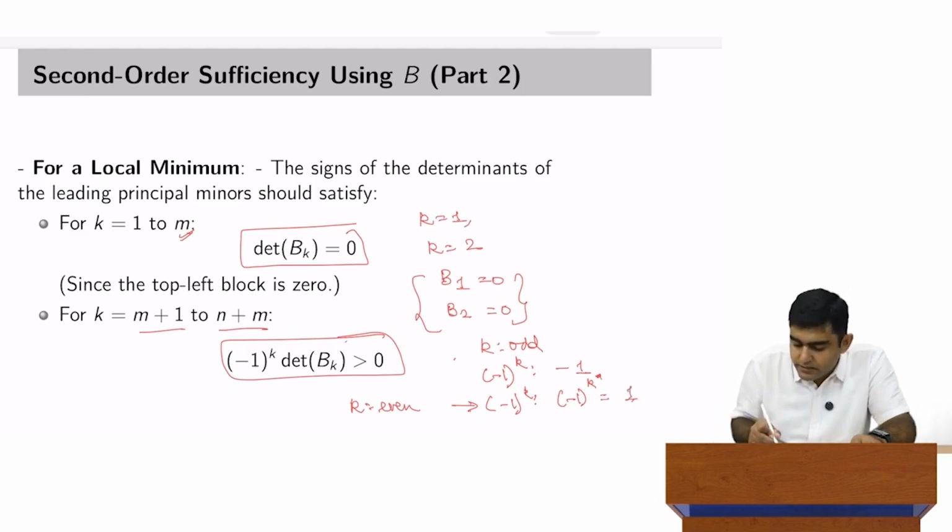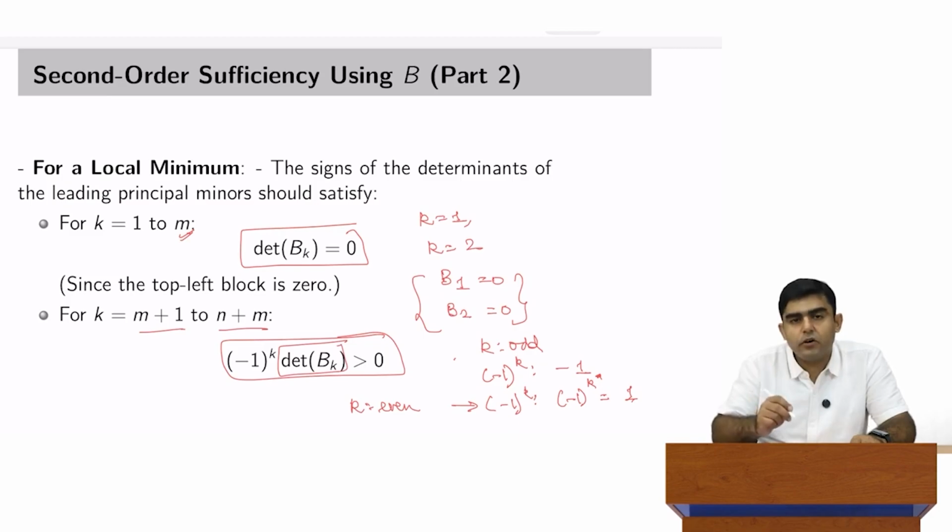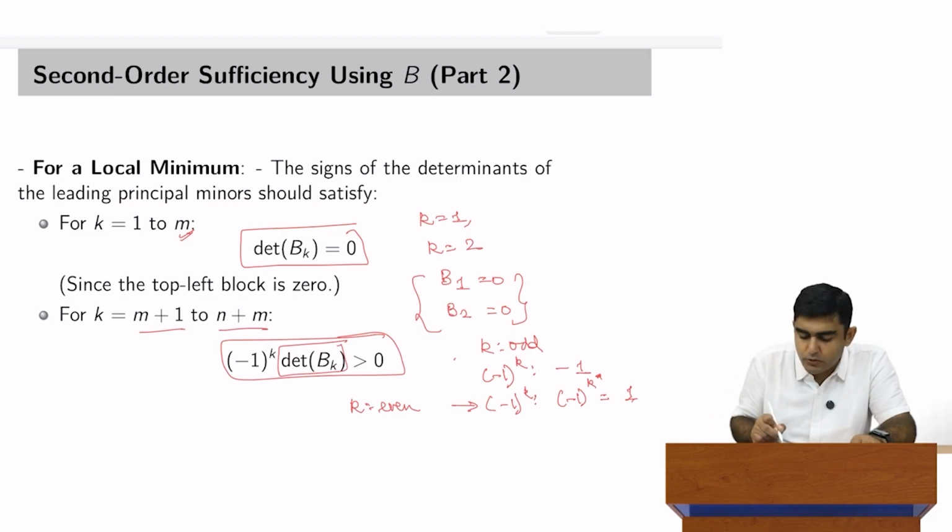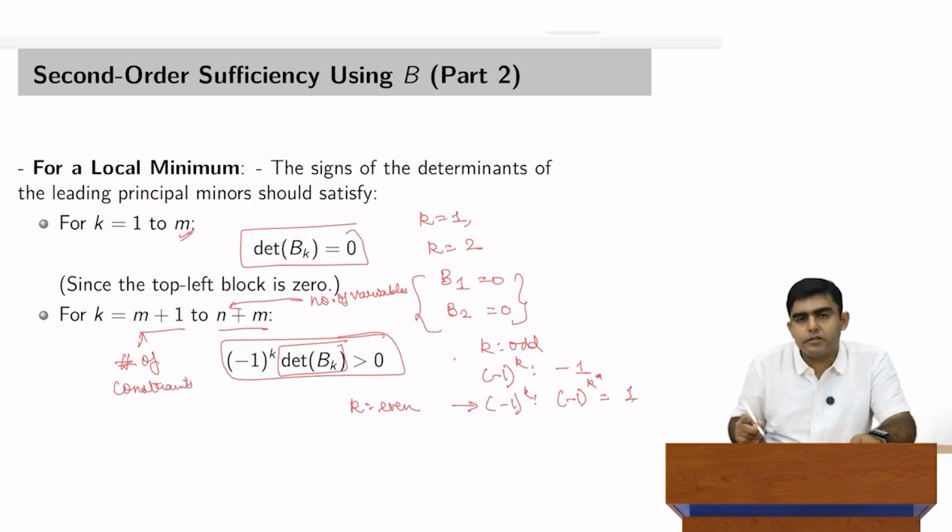So, it is not just the sign of determinant of Bk where k is from m plus 1 to n plus m, where n is the number of variables and m is the number of constraints. So, we will check from number of constraints plus 1 to number of variables plus number of constraints.